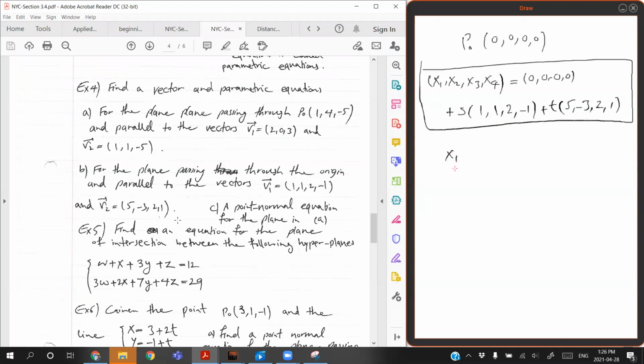And if I separate the x1, x2, x3, x4, I can get a set of parametric equations. So it's going to be s plus 5t, s minus 3t, 2s plus 2t, and finally minus s plus t, where s and t are real numbers.